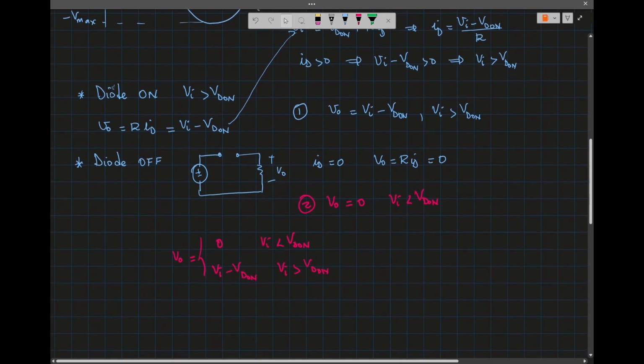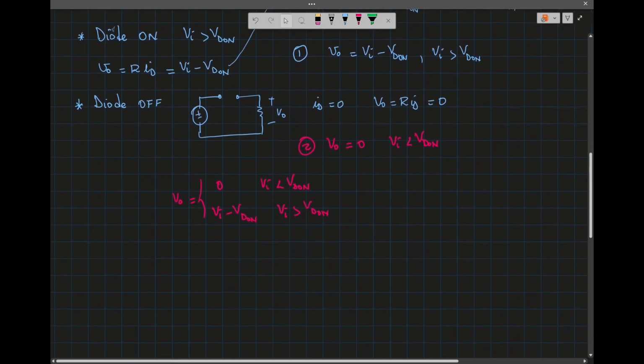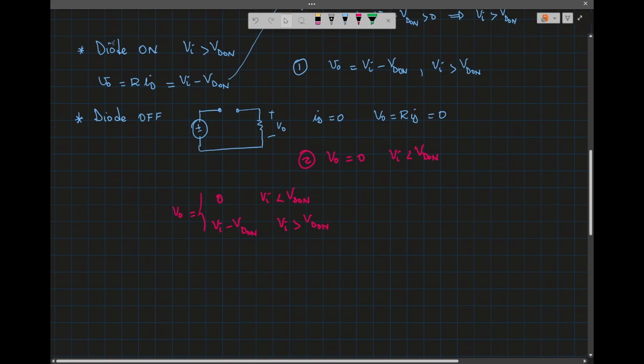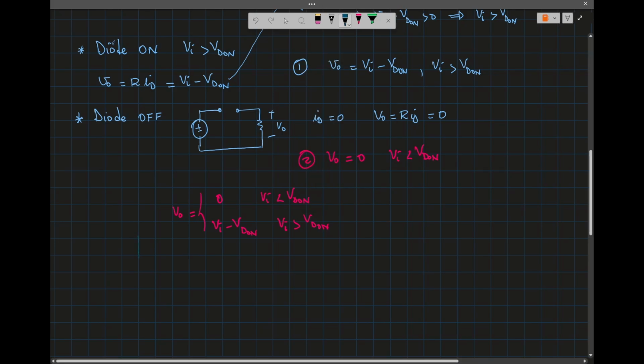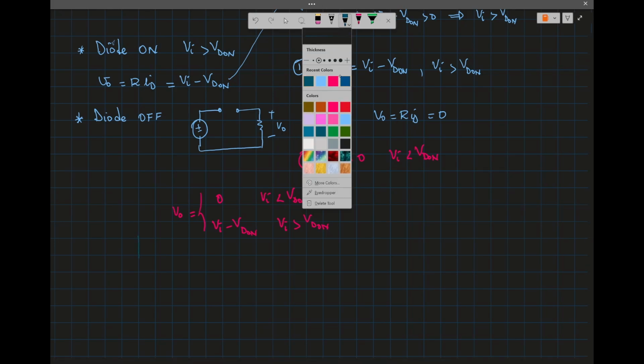Now I can sketch the input voltage and the output voltage on top of each other. So let me use a different color, I can use this.